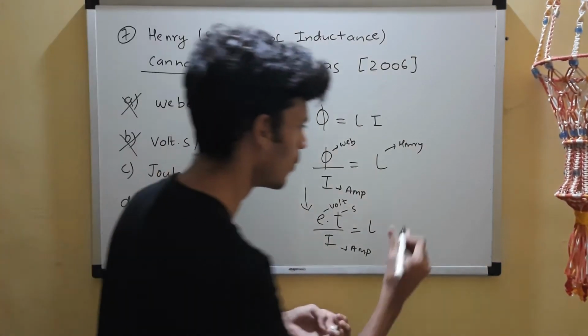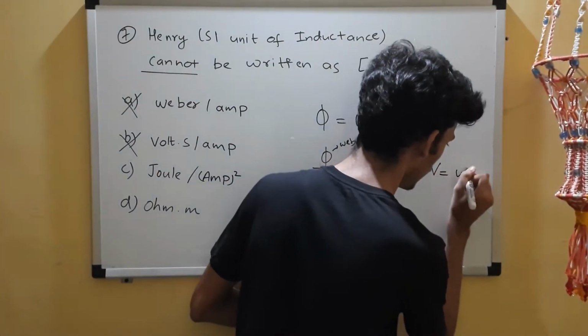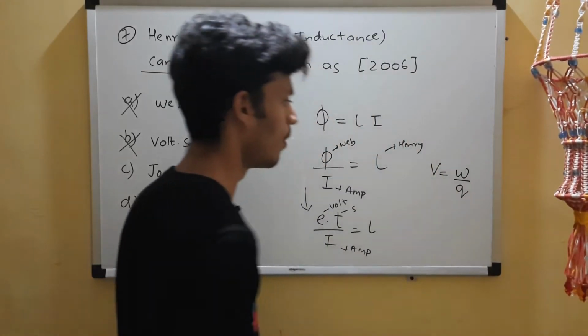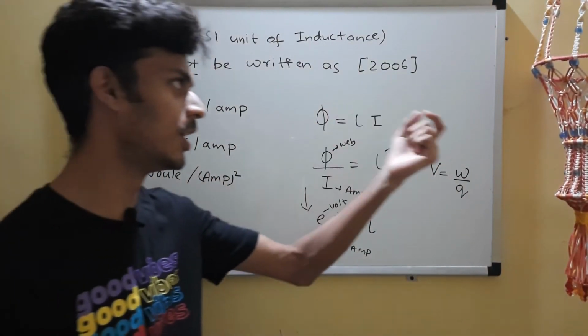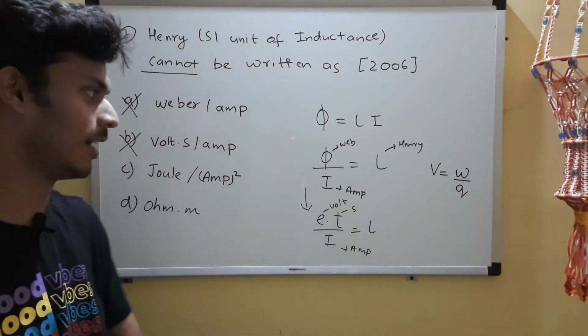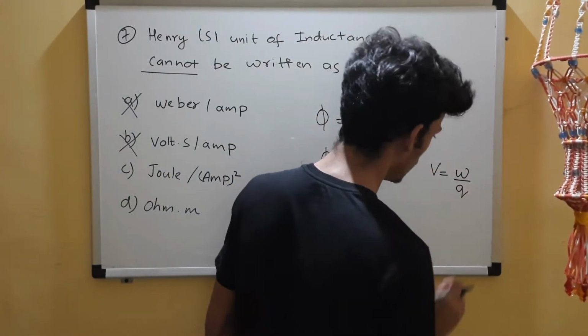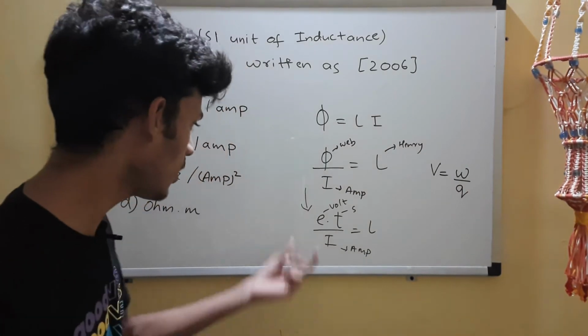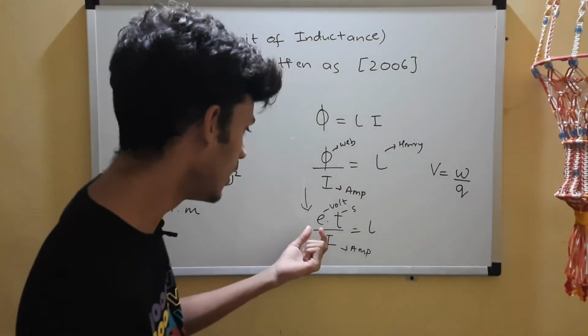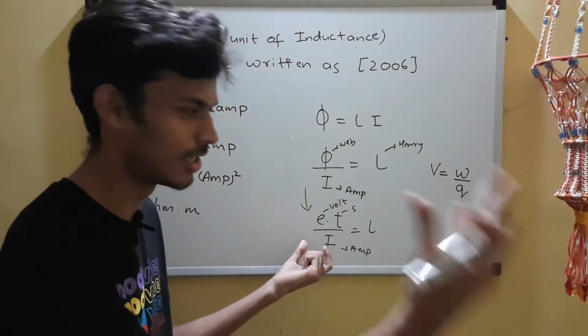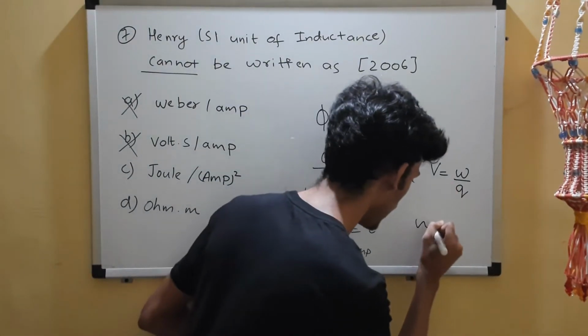If you remember, voltage is nothing but the amount of work required to bring a unit charge from infinity to that point, right? So voltage is defined that way. So work done per unit charge. So here you can replace E, which is voltage, basically EMF. So dimensionally everything works.